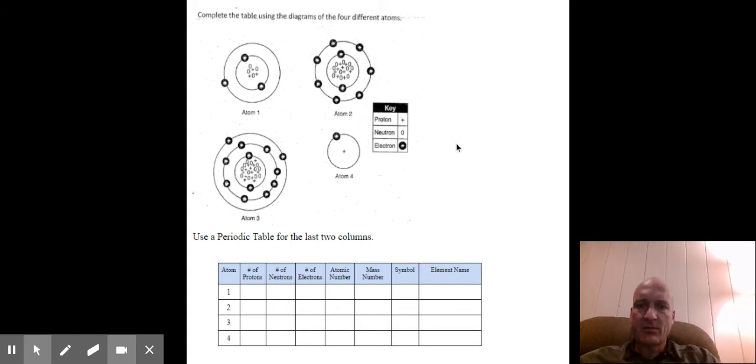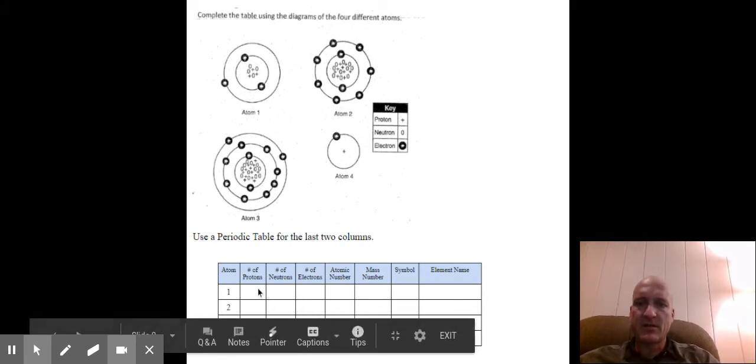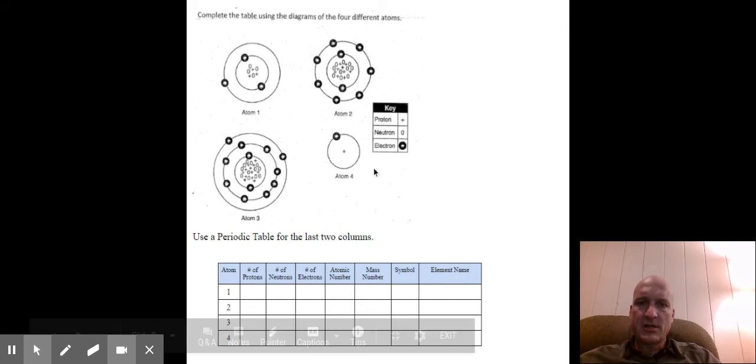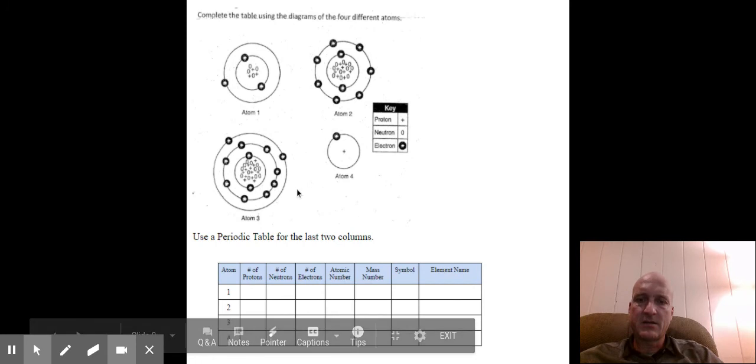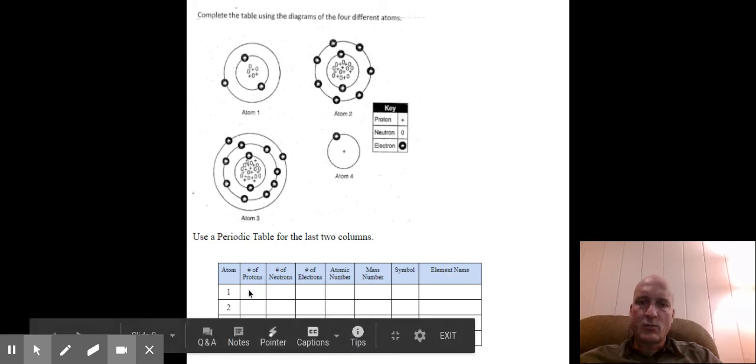Number of protons, I count up the little positives, 3. Neutrons, well, look at this. It gives us a symbol here, those little circles in the center, 4. Electrons, just look at these in the space around the nucleus, 3. So atom 1 would have 3 protons, 4 neutrons, and 3 electrons.